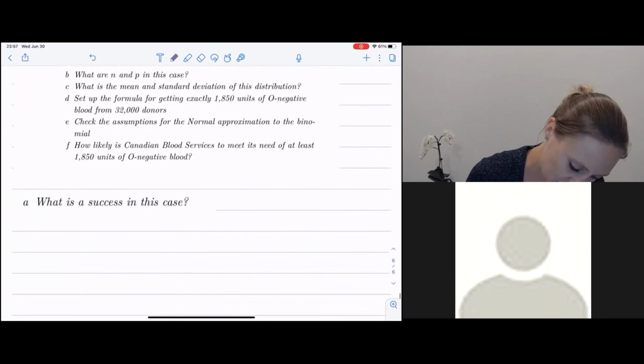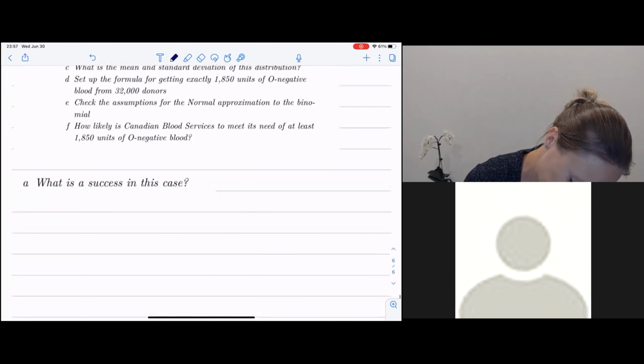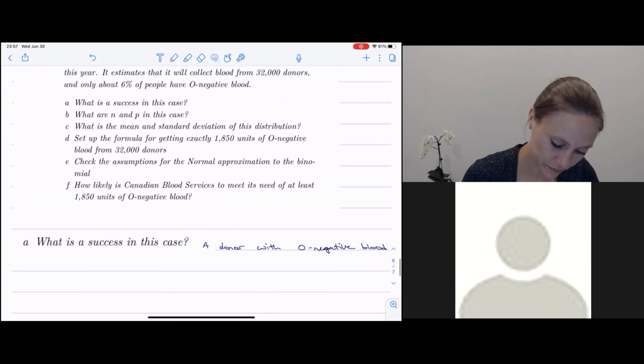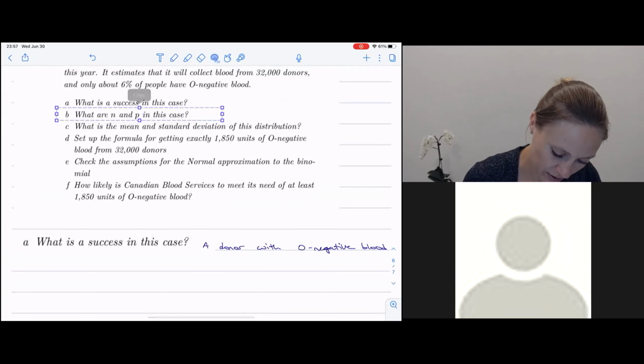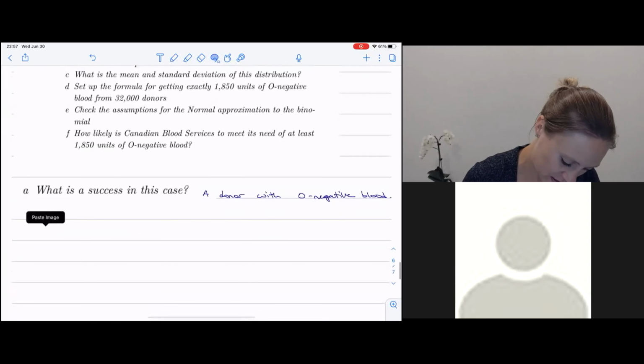So a success is a donor with O negative blood. All right, what are n and p in this case?